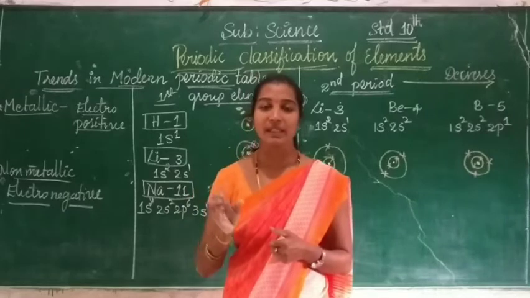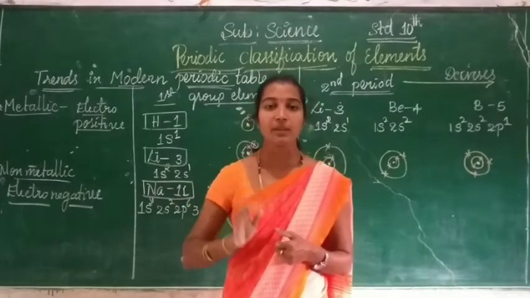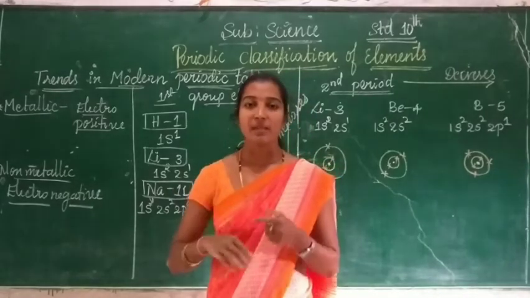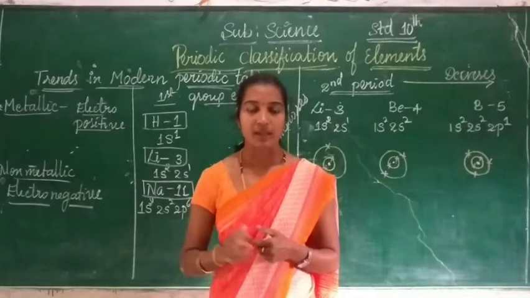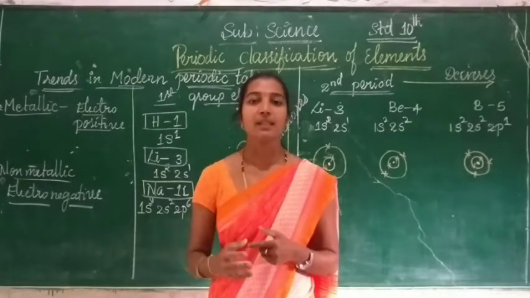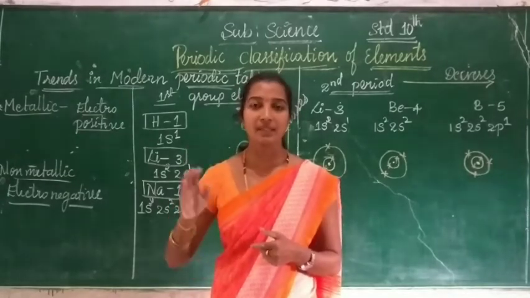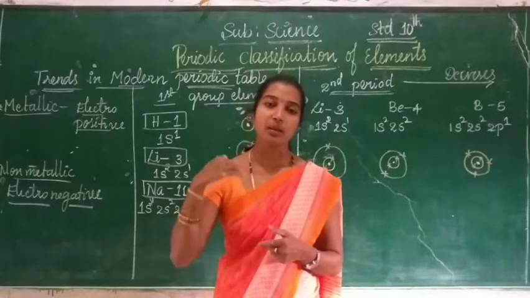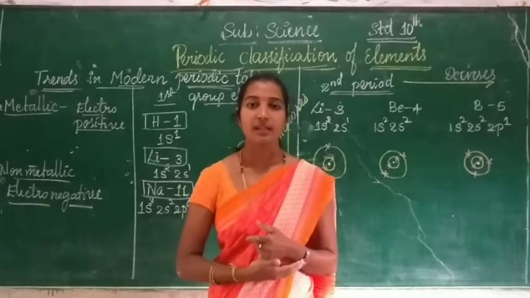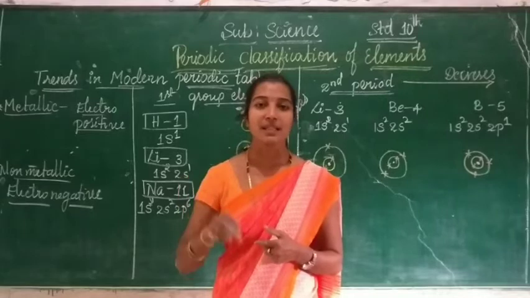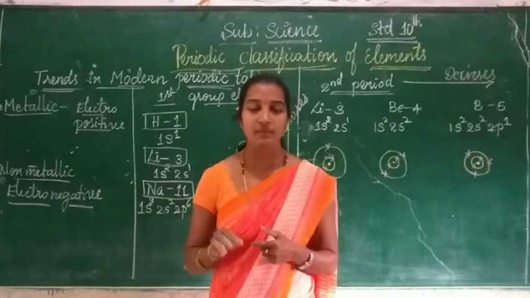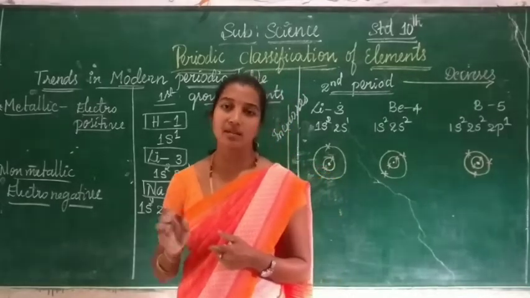At whatever rate it receives the electron from the neighbor atom, it becomes electronegative. As it forcibly receives the electron from the neighbor atom, it becomes more electronegative. And if it is difficult to receive the electron from the neighbor atom, the electronegative character is less.